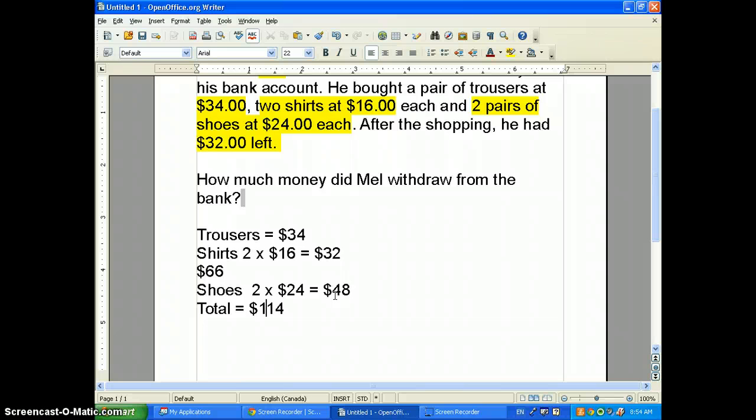That's why I said you have to be very careful. That's only part of the answer. So listen up. That's why I said you have to really look at the question first. It's not asking you how much money he spent. It's how much money did he withdraw? How much money did he take out from the bank?